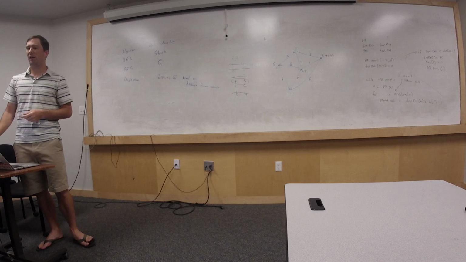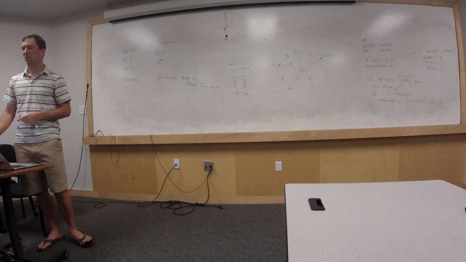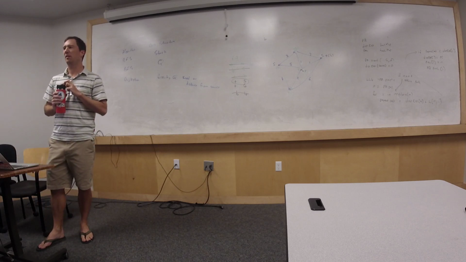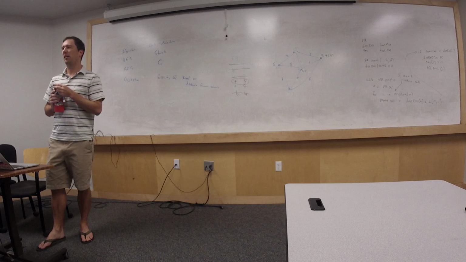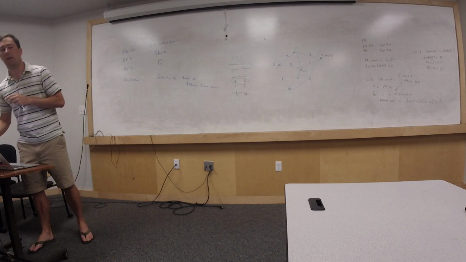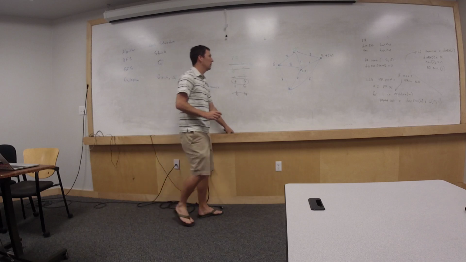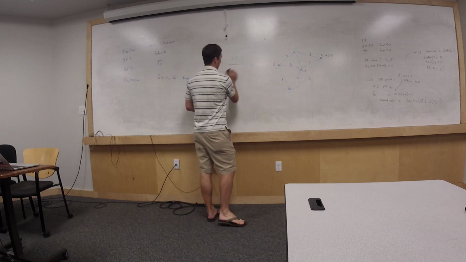And so that's where A-star search comes in. A-star search is almost exactly the same as Dijkstra's algorithm, except that we add a little bit of extra knowledge that we can use when we search. And for A-star, we add what's called a heuristic function.